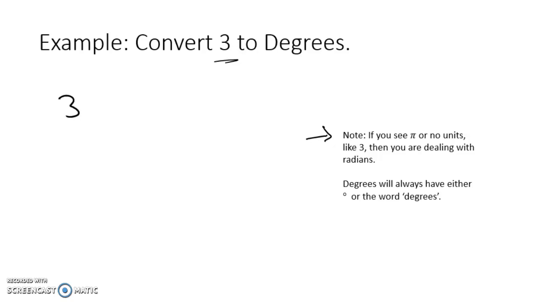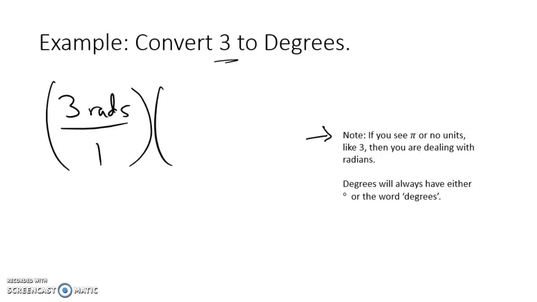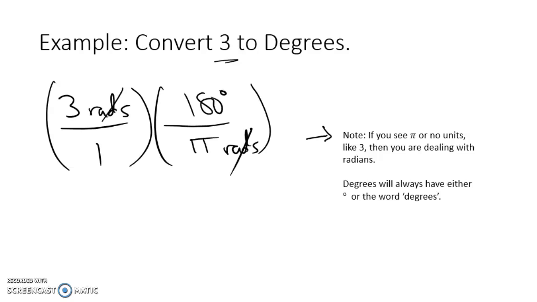So we're going to take 3 radians, and I'm going to put rads, over 1. If I have radians at the top, I need radians in the bottom. So pi radians over 180. My radians will cancel, and I'll get 180 times 3 over pi.